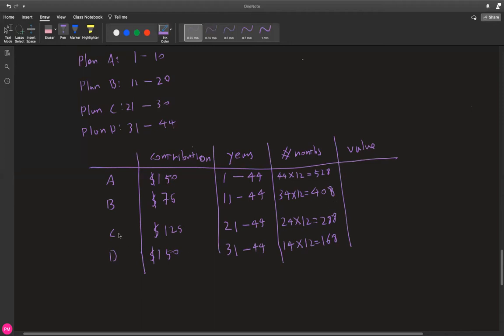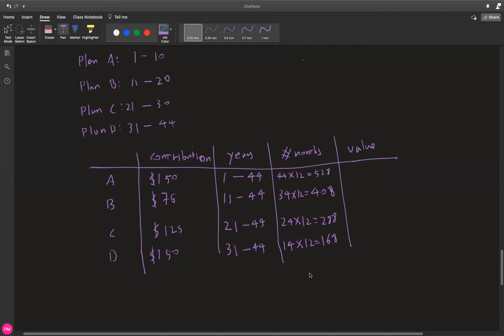And your plan C, which is a separate plan, kicks in the 21st year and goes on for 288 months. And lastly, your fourth plan kicks in on the 31st year of the value $150, for 168 months.